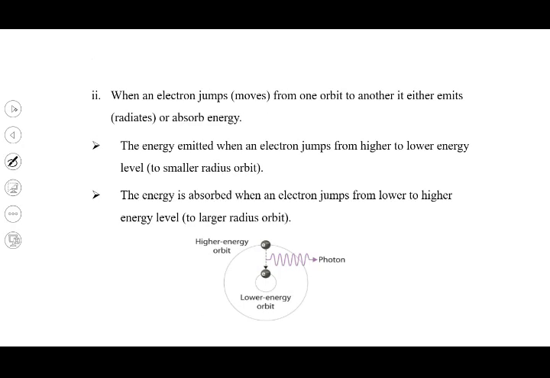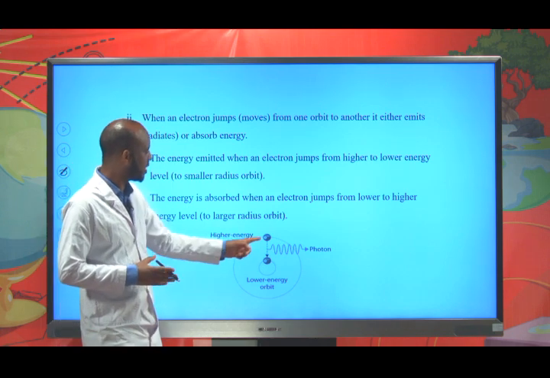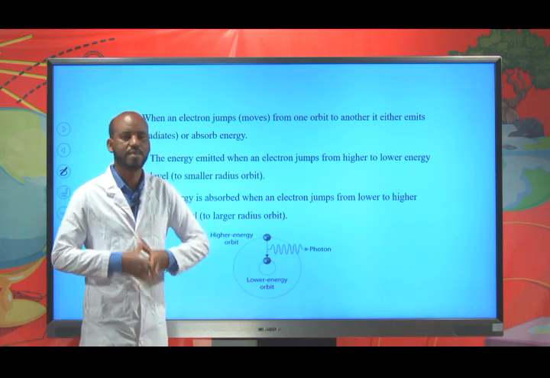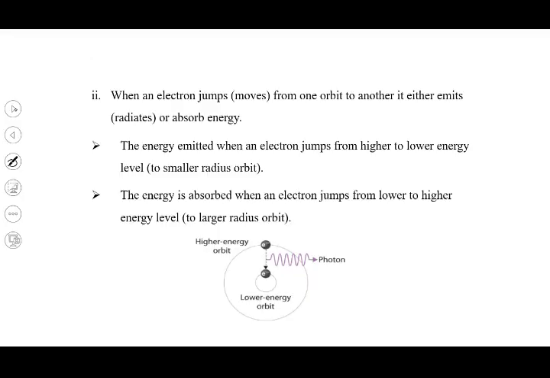Postulate 2: when an electron jumps from one orbit to another, it either emits or absorbs energy. You see, when an electron moves from one orbit into another, it either absorbs or loses energy.